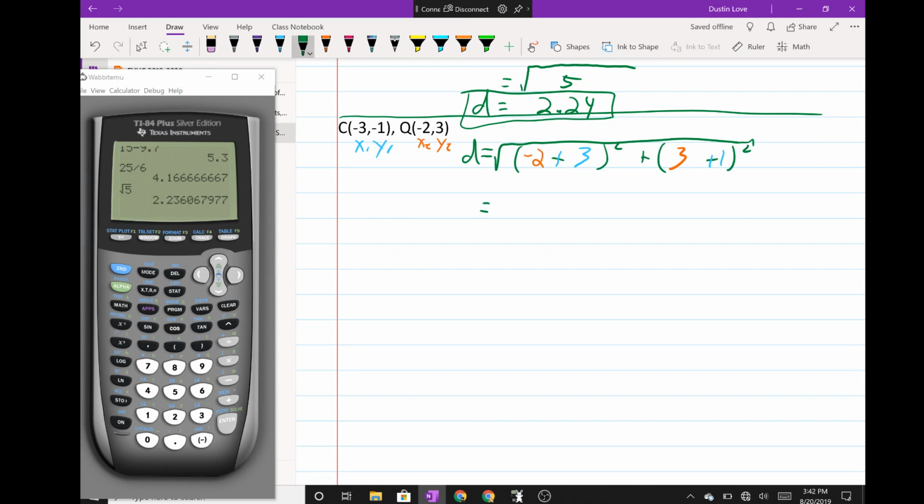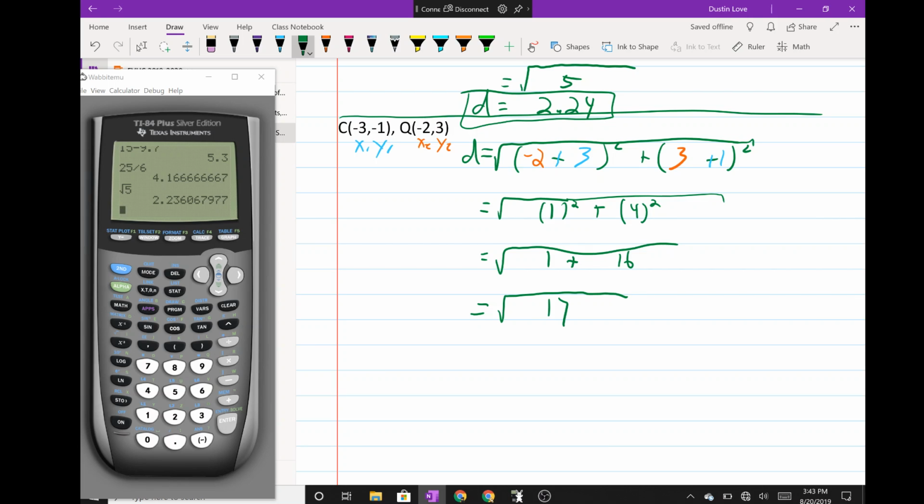All right, so let's simplify. Inside first, -2 plus 3 is 1. 3 plus 1 is 4. 1 squared is 1, plus 4 squared is 16. 1 plus 16 is 17.